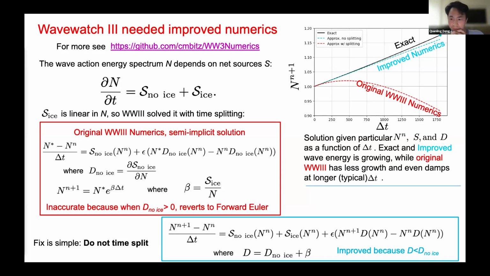And so in our case, by merging these two influences back together, the no ice and ice, into this one combined D, because ice is always attenuating, it makes the overall value of D smaller.